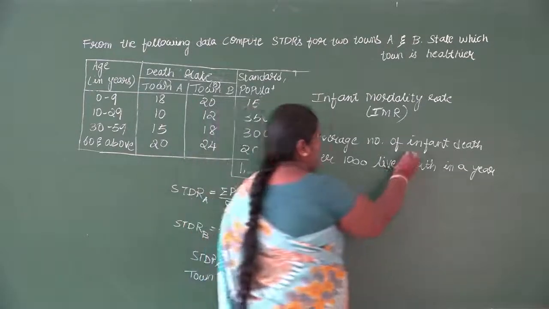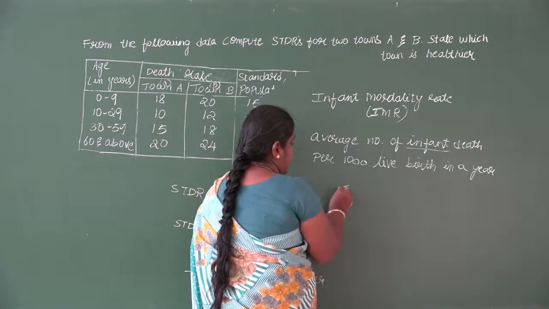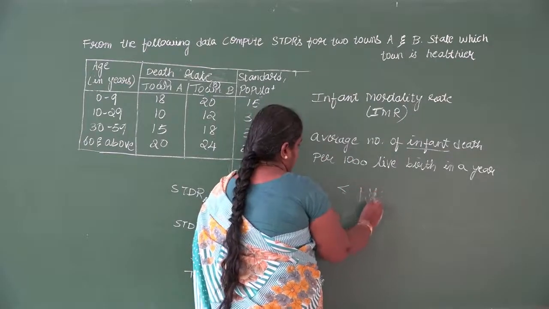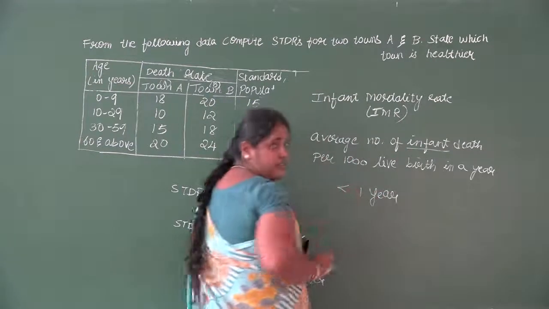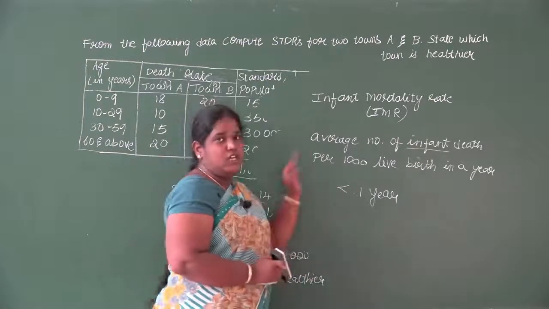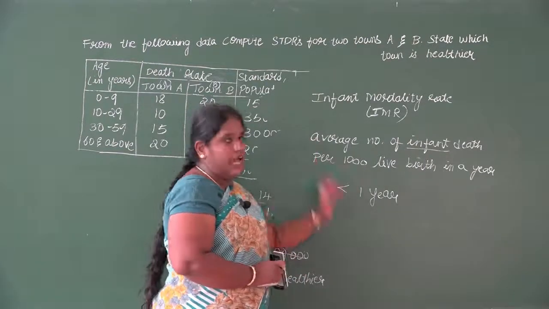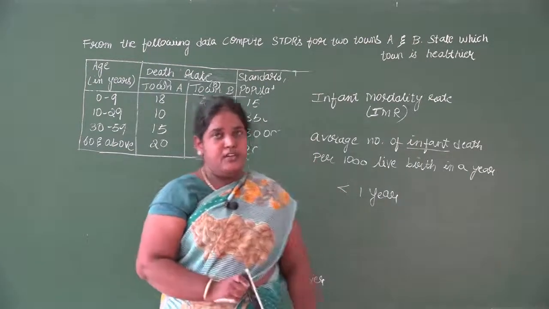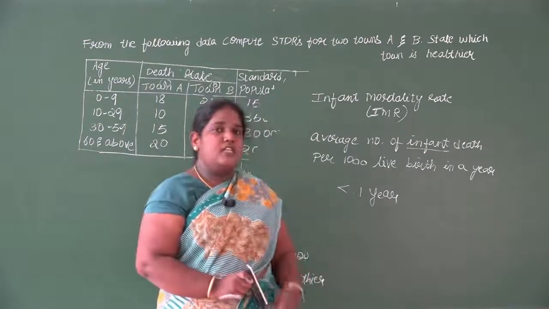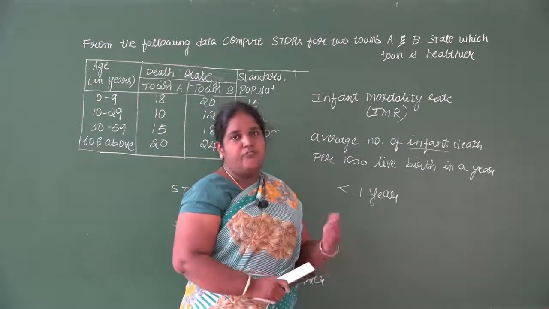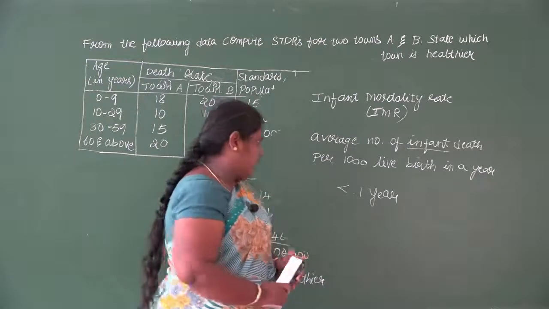In this, infant means children who are aged less than 1 year. I'll repeat it once again. Infant mortality rate is the average number of infant deaths per 1,000 live births in a year. Infants are the children aged less than 1 year.